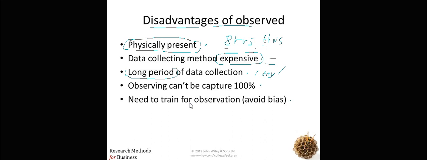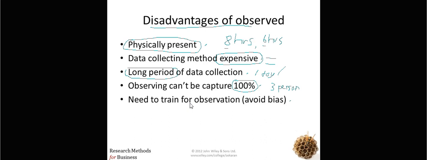Then cannot be captured 100%. They mean example lah, dia punya body language. Okay, body language kita check 3% at one time. Jadi kita kadang-kadang kita nak remember apa yang berlaku at 3% on one time.